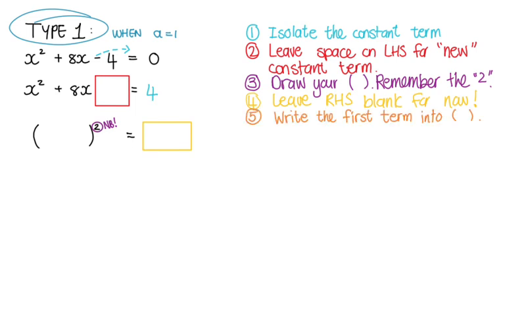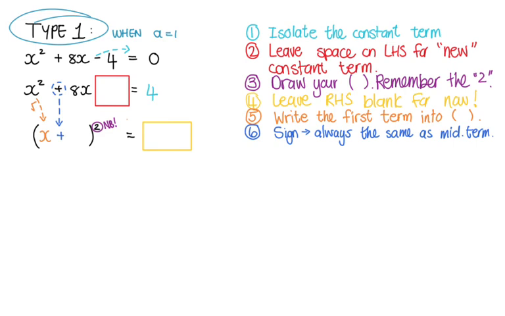So our first term that needs to go into the bracket over here is just going to be the root of that x squared, because we know x squared gives me x squared again. Now the sign that we need to use will always be the same as the middle term sign. So we go right and write that plus.